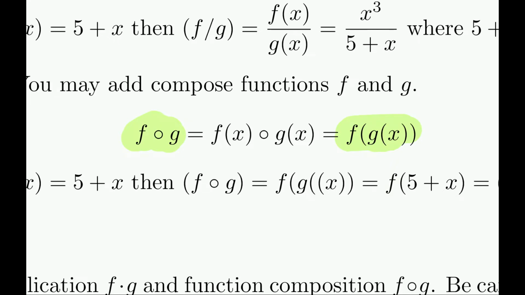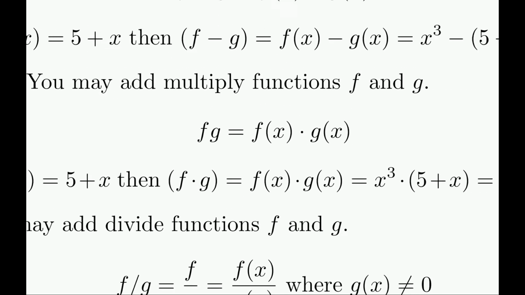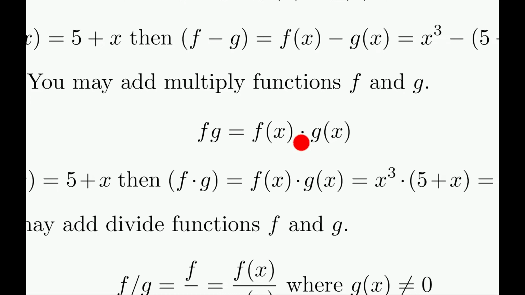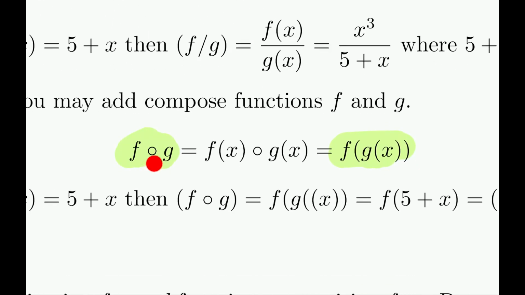And you just have to know that the g is being plugged into the f here, right? So it's f of g. Also, the open circle here is not multiplication. You can use a small dot for multiplication if you want to, but the solid dot is not the same thing as this open circle, okay?